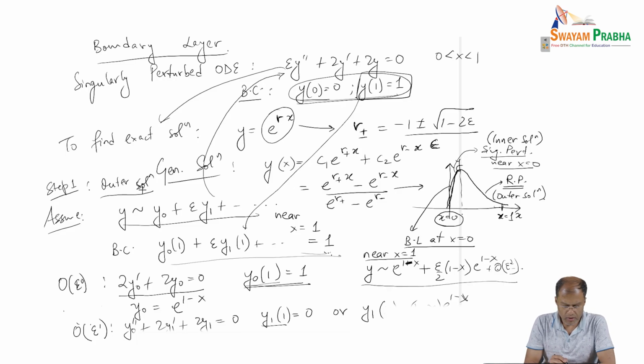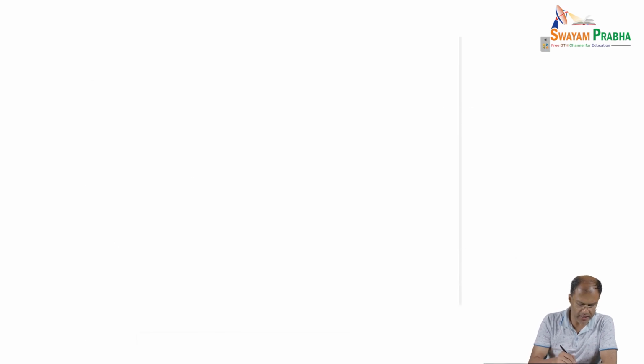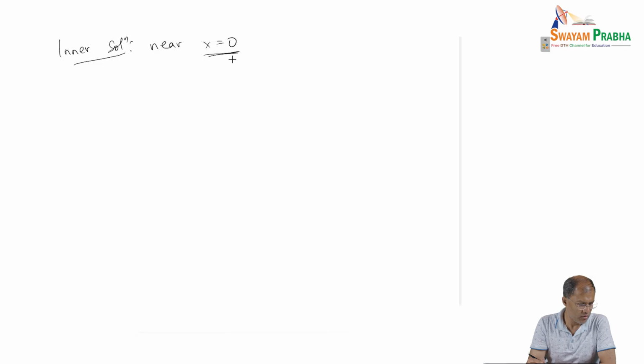Now we have to figure out the solution in the boundary layer, the so-called inner solution. This is the inner solution near the boundary x equal to 0.